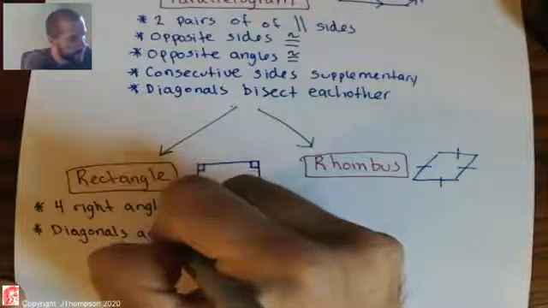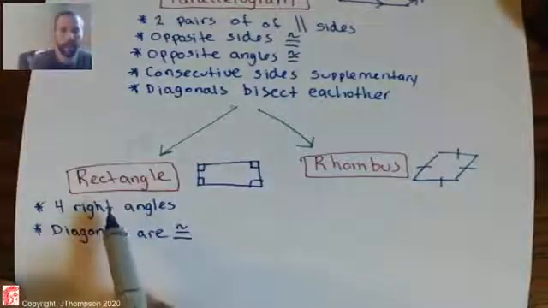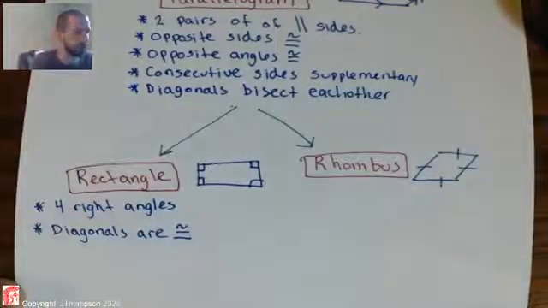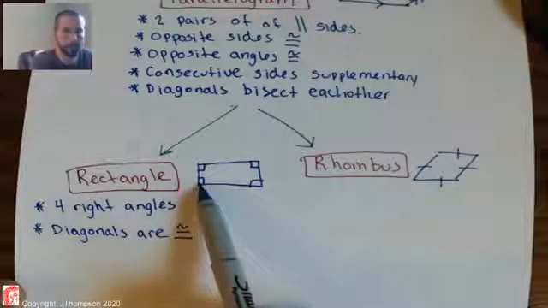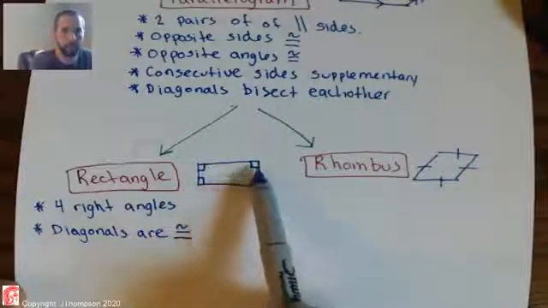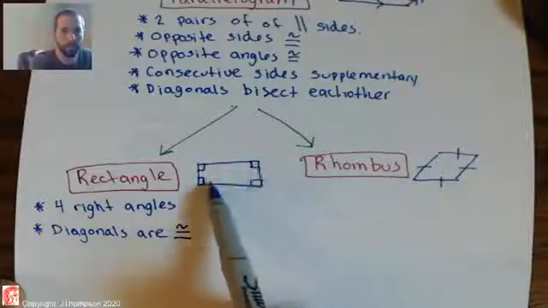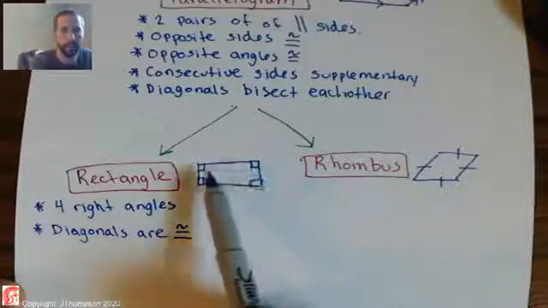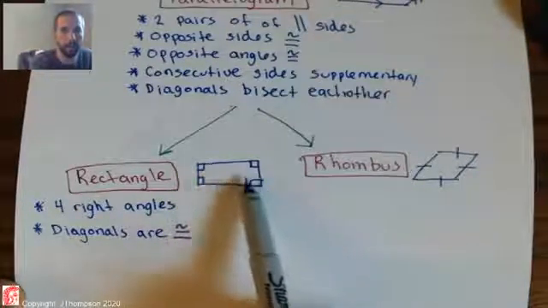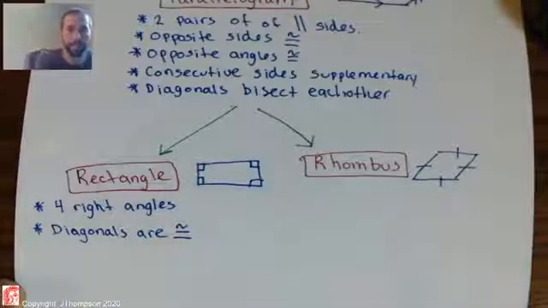So that's what makes a rectangle special. It has 4 right angles, and the diagonals are congruent to each other. So if I measured from the corner on the bottom left to the corner at the top right, and then I do the top left to the bottom right and measure that length, those lengths would be the exact same.